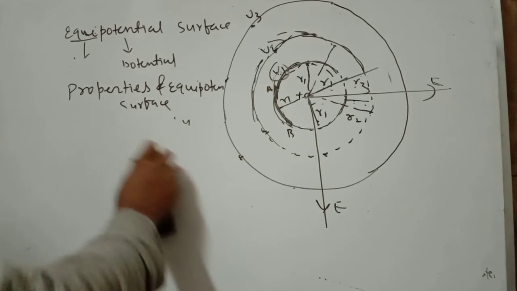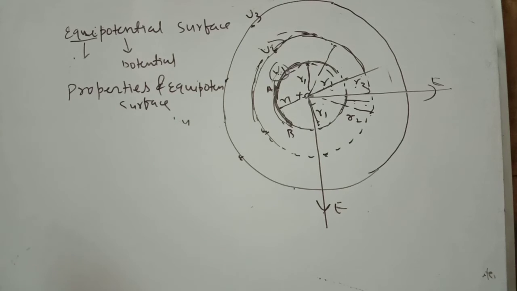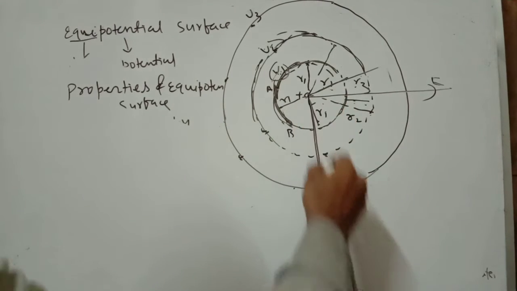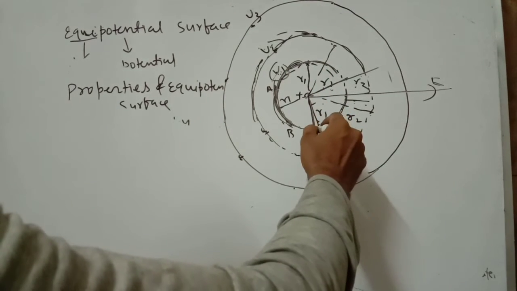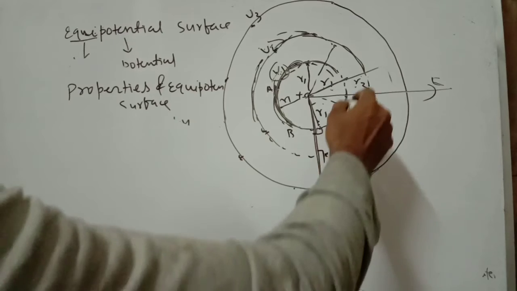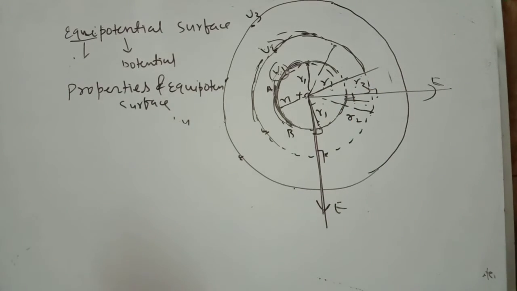Number 2: electric field lines and lines of force are everywhere at right angles, as already shown in the diagram. The electric field and the equipotential surface are everywhere perpendicular to each other.